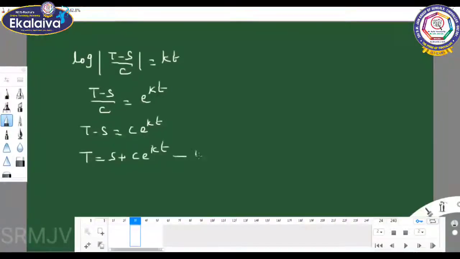Take this as equation 1. At the start, t equal to 0, the temperature T equal to 100 degrees C, the boiling point. Apply t equal to 0 in equation 1 to get the value of C. 100 equal to S plus C e power k into 0.